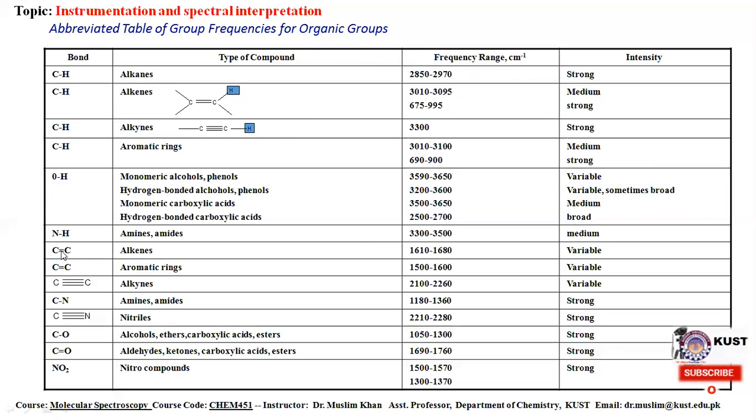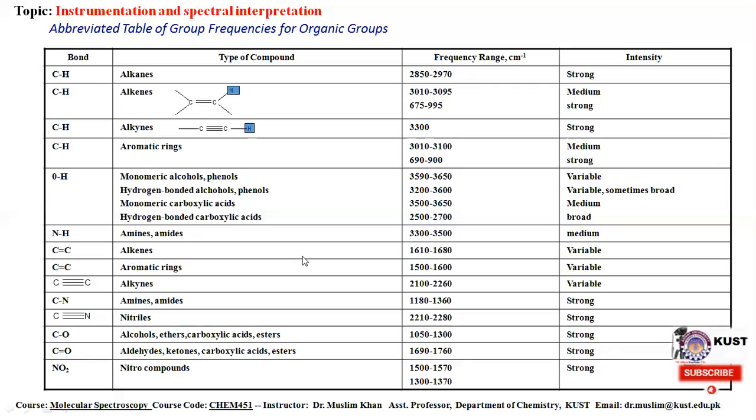But if it is carbon carbon vibration of alkenes, the range automatically drops to 1610 to 1680, and the intensity is variable. Similarly, for the aromatic ring carbon carbon double bond, which has conjugation, it is different than alkene. Alkene is this one, 1675, and the absorption for carbon hydrogen is this one, but for the double bond it is like this one.